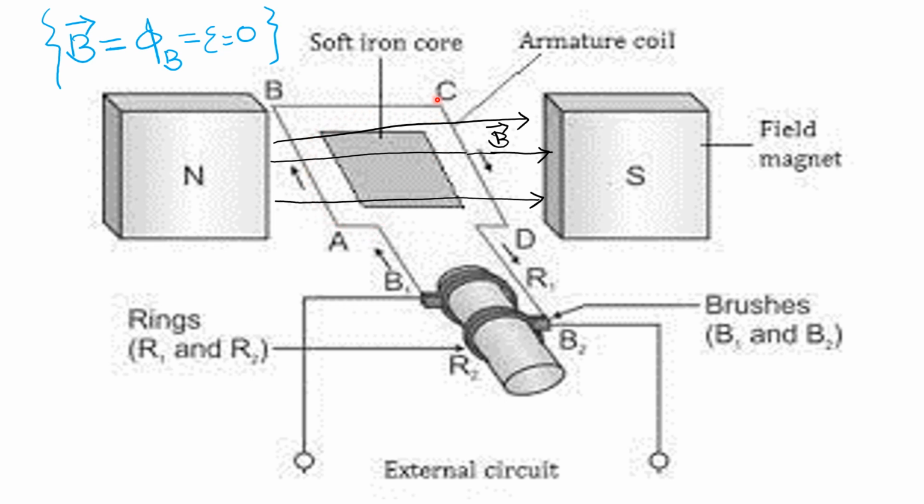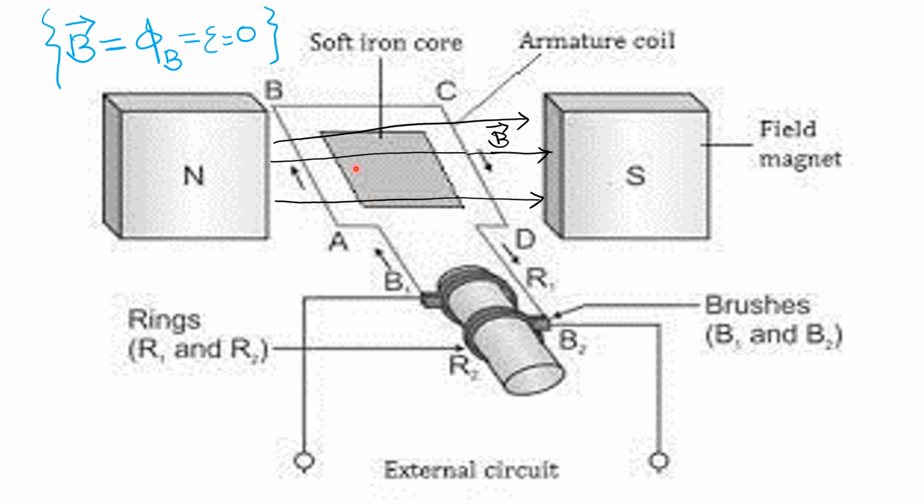This line is a representation of an armature coil, which is an insulated copper coil. The role of this armature is very important in the alternating current generator.